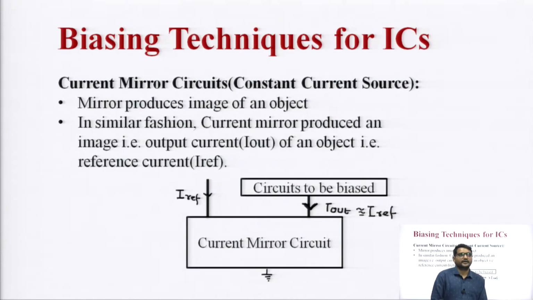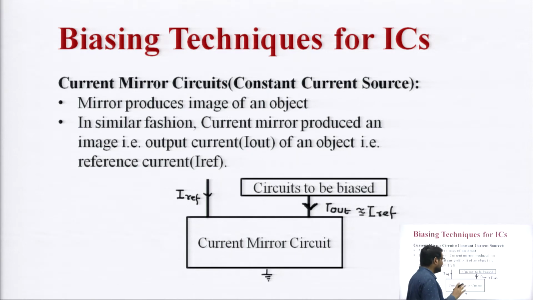What is the current mirror? A mirror produces an image of an object. In a similar fashion, a current mirror produces an output current, I out, as we see in the circuit, of an object, that is the reference current, I reference.